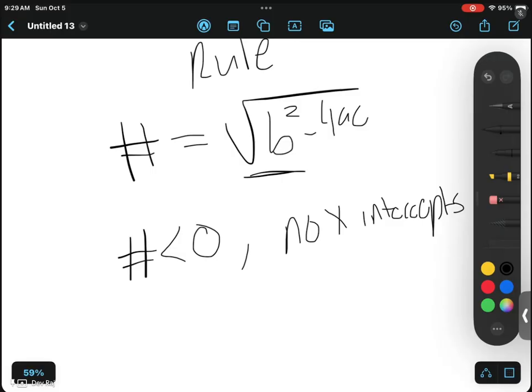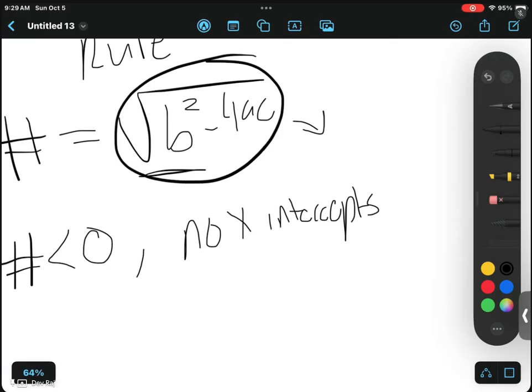So if this gives us a negative number, let's say -4 or -3, then there are no x-intercepts, right? Because we can't square root a negative number. Is that clear so far?